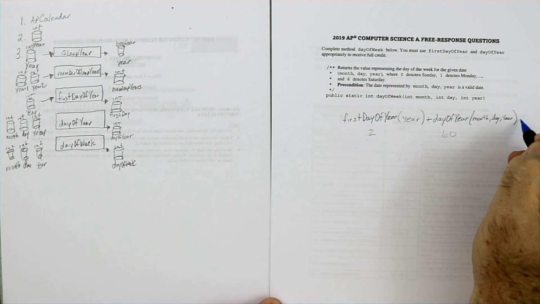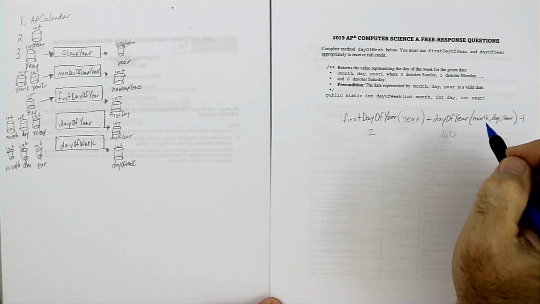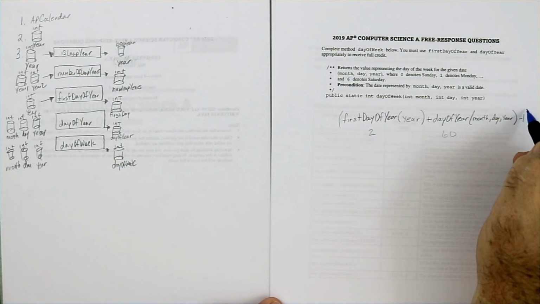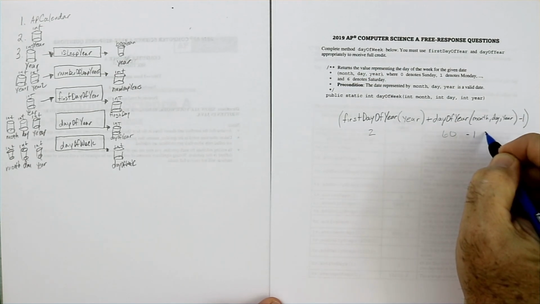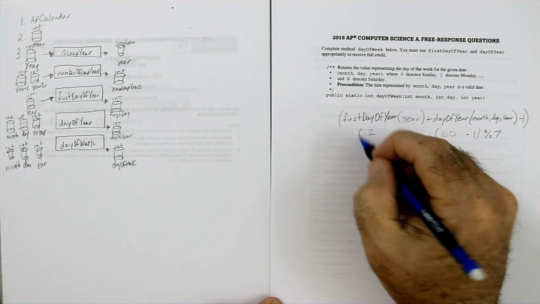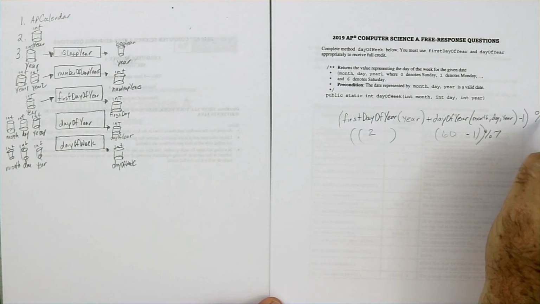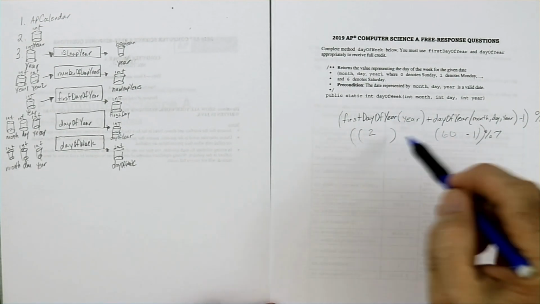So we've got a -1 to take 1 away. And then we're going to mod that whole thing by 7. So we take this whole thing, subtract 1, and then mod it by 7. So that's really the algorithm. That's the whole algorithm for returning the day of the week.